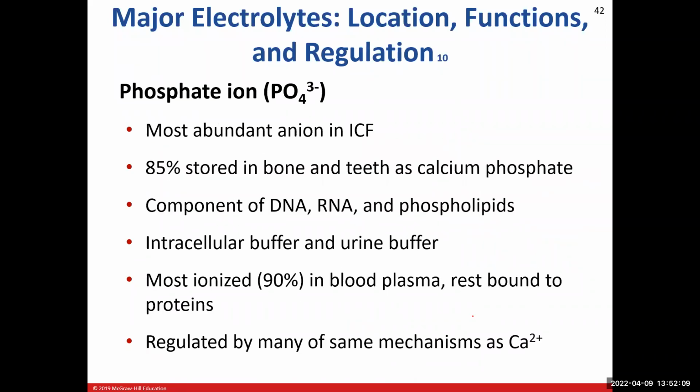So speaking of phosphate, that is calcium's partner in crime when we are making bone tissue, the hardened bone tissue, hydroxyapatite. The phosphate ion is found in significantly high concentrations inside of our cells. It is the most abundant anion inside of our cells.